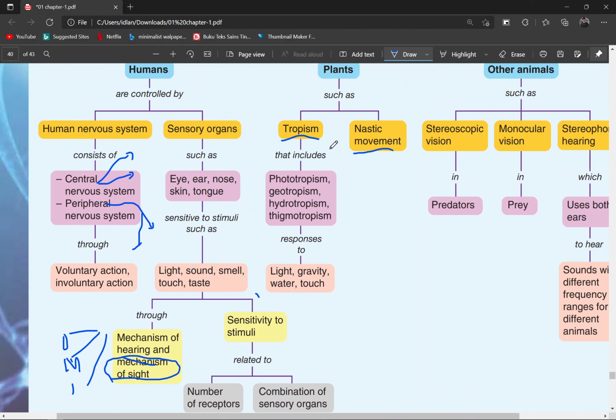Tropism dengan nastic movement. Tropism ni dia directional, dia ada arah. Ada photo, cahaya; geo, gravity; hydro, air; thigmo, touch. Ni ingat LGWT, untuk tumbuhan saja.